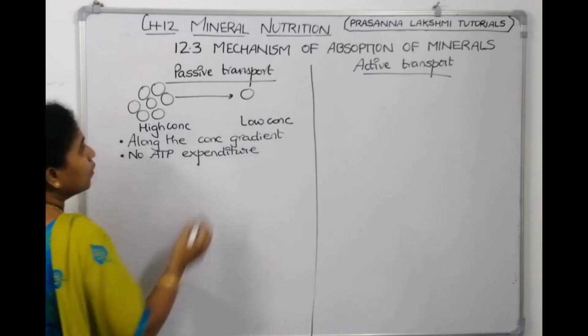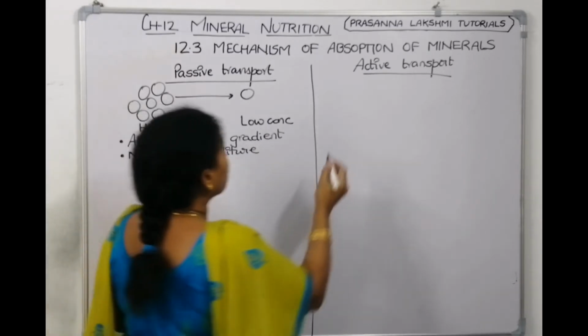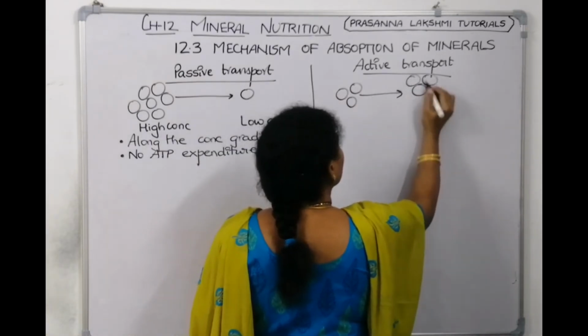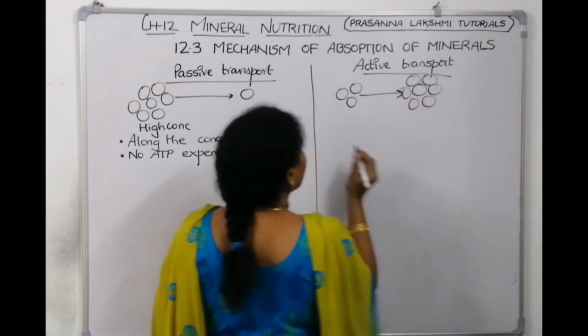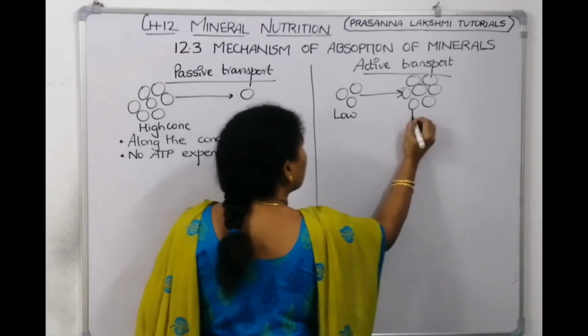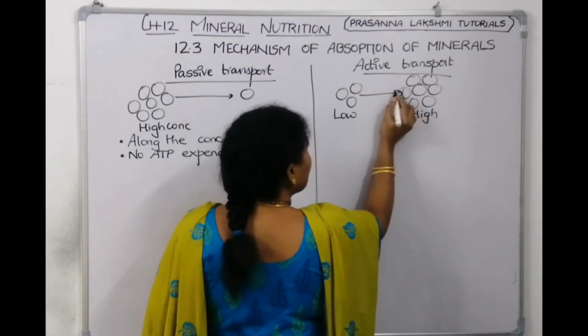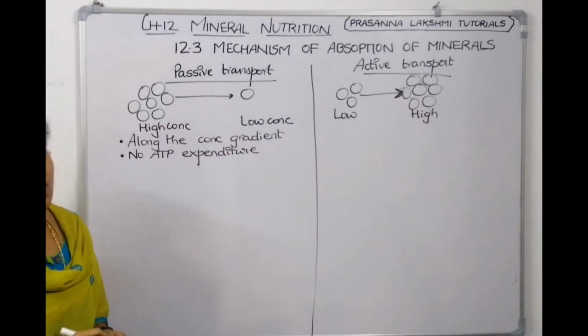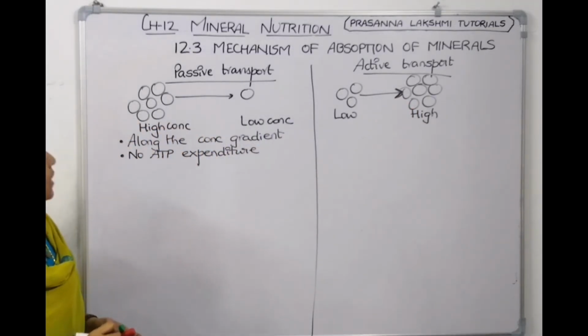Whereas in active transport, it is going from low concentration to high concentration. From low to high, we need to send the particle, so it is against the concentration gradient.